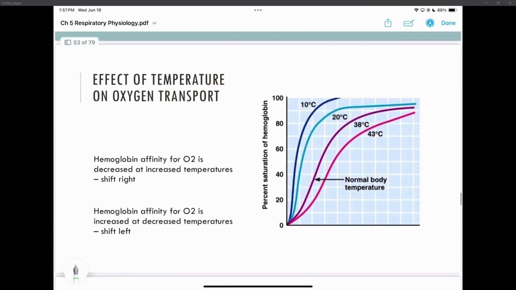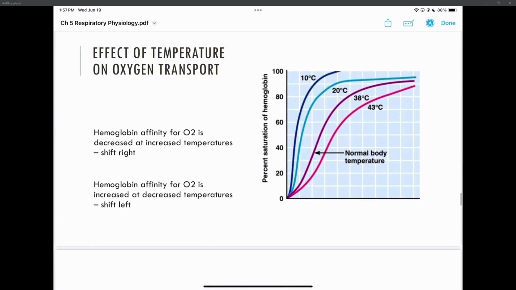Okay, temperature. The affinity for O2 is decreased at increased temperatures. It's going to shift it to the right. What's an example of when your body is going to heat up naturally in a normal physiologic process? Exercise, right? When you start exercising, your body gets hot, you start sweating.